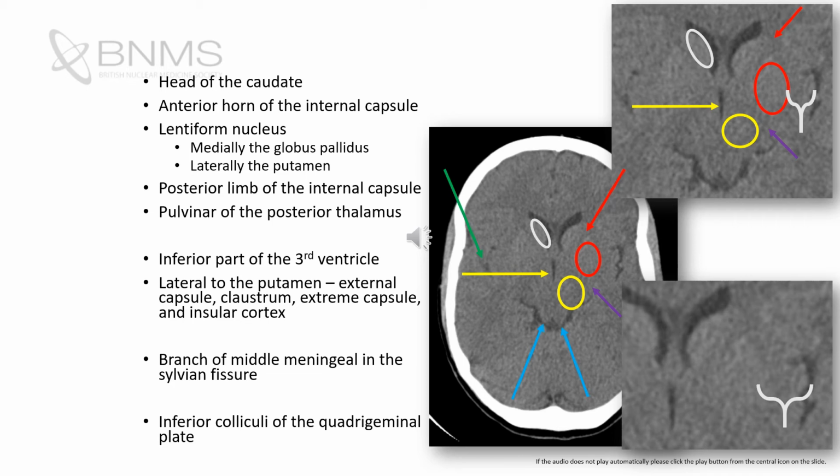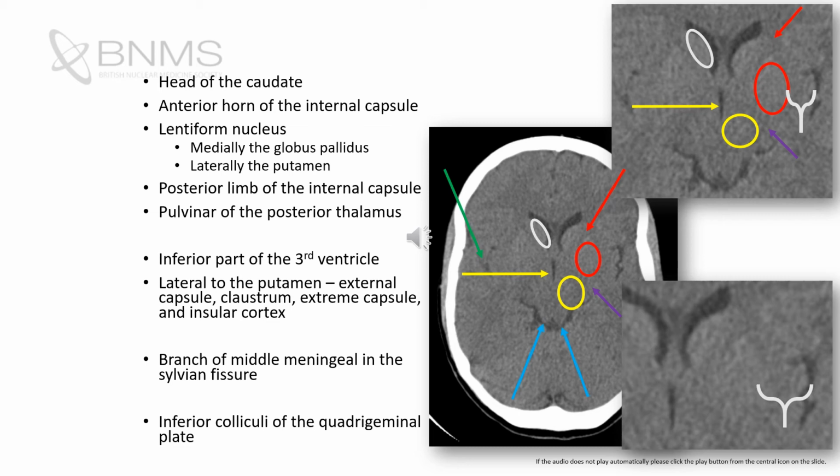These layers are external capsule as white matter, the claustrum as a layer of grey matter, the extreme capsule as a layer of white matter, and then the insular cortex deep to the sylvian fissure that we have already seen.